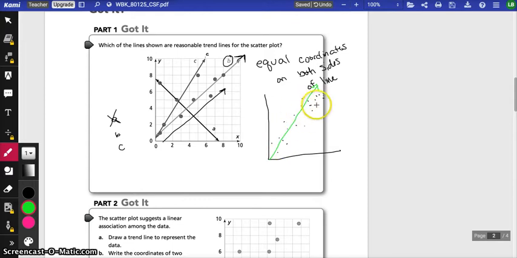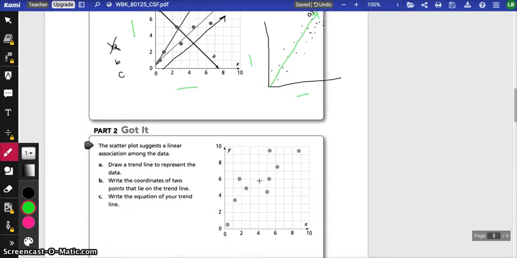And there would be coordinates on both sides of my line. And then I could use this line to make predictions. It doesn't tell me what my labels are here and here, but if I had labels, I could make predictions as to where another coordinate would fall based off of the green line that I drew, my line of best fit.